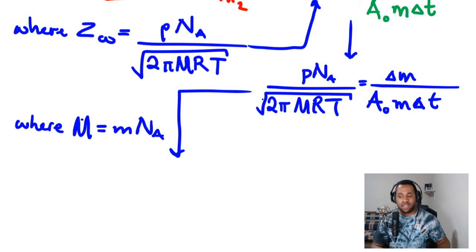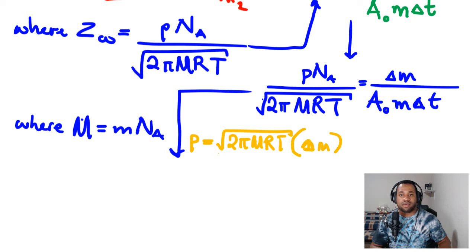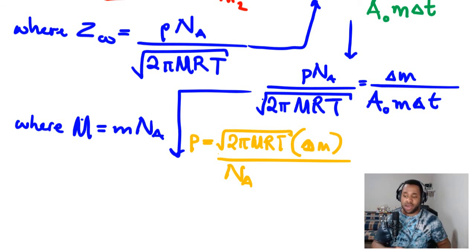And therefore, once you rearrange this, we have our pressure, when you solve, to be equal to the square root of 2 pi mRT multiplied by the change in the mass all over the NA, which we know to be the number of particles, and this is multiplied by the area of the hole multiplied by the mass and the change in time.